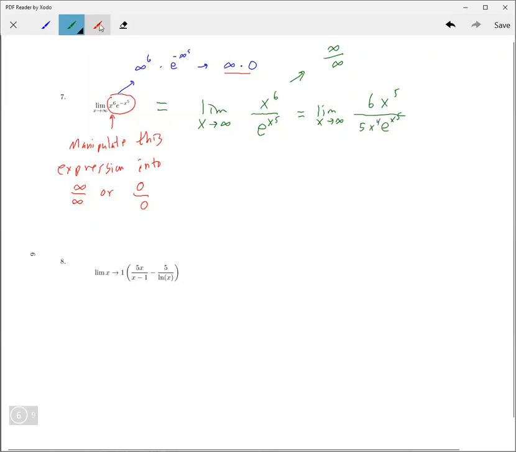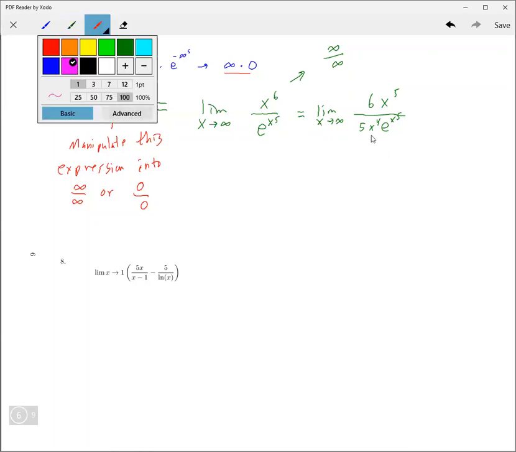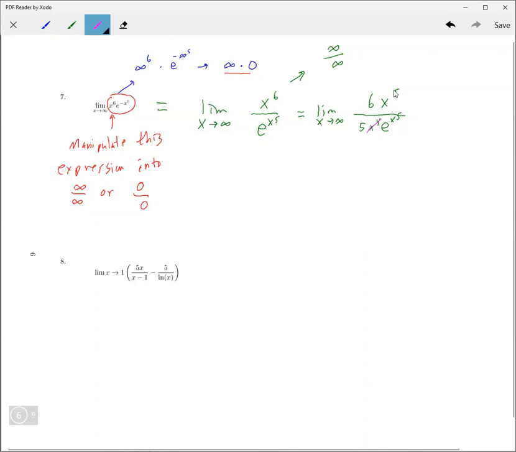Okay, and we can cancel this one with 4 of those, which will leave just an x in the numerator. Okay, and so then we still have the numerator going to infinity and the denominator going to infinity. So we can apply L'Hopital's rule again.